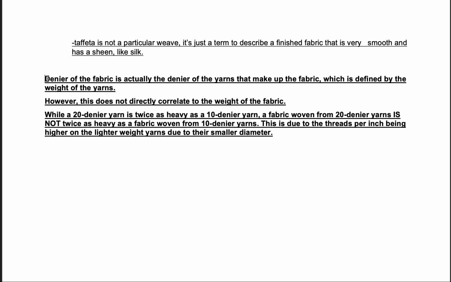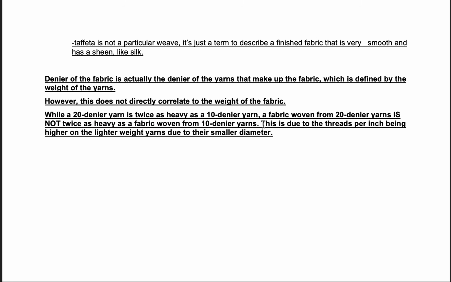So lastly, before we move off of the weave, I just want to again come back to the term denier. The denier of the fabric is actually the denier of the yarns that make up the fabric, which is defined by the weight of the yarns. So we know that now. However, this does not directly correlate to the weight of the fabric. While a 20 denier yarn is twice as heavy as a 10 denier yarn, a fabric woven from 20 denier yarns is not twice as heavy as a fabric woven from 10 denier yarns.